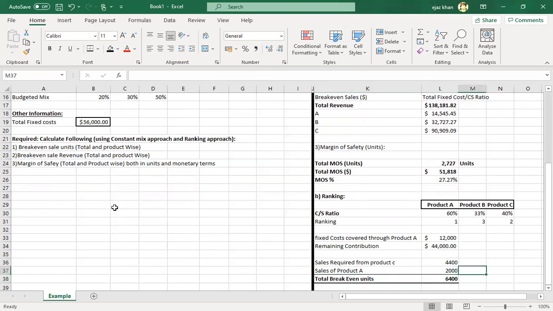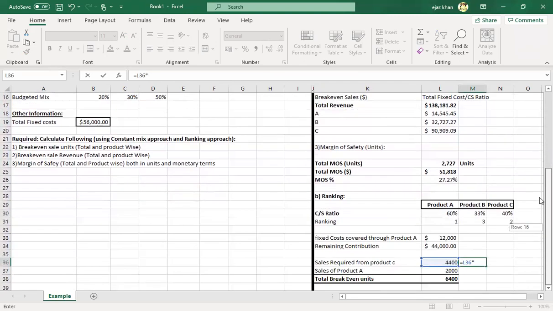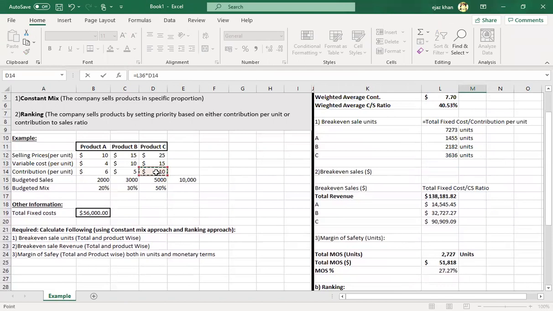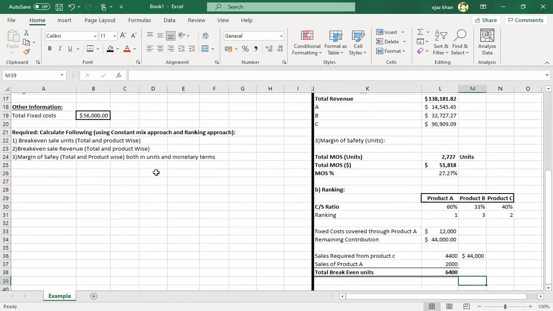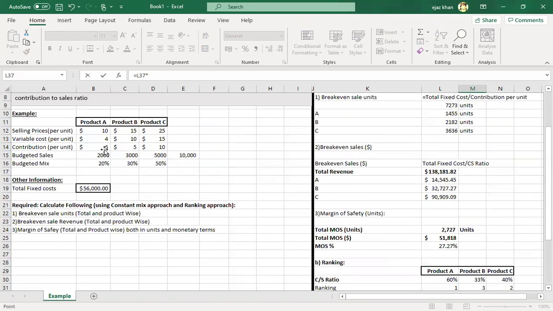And if you just multiply these figures, just for the sake of clarification, with the contribution of each of these two products. From product C, we were generating a contribution of 10. So the total contribution will be 44,000 from C. And from 2,000 units, each unit we were generating a contribution of 6, so 12,000.